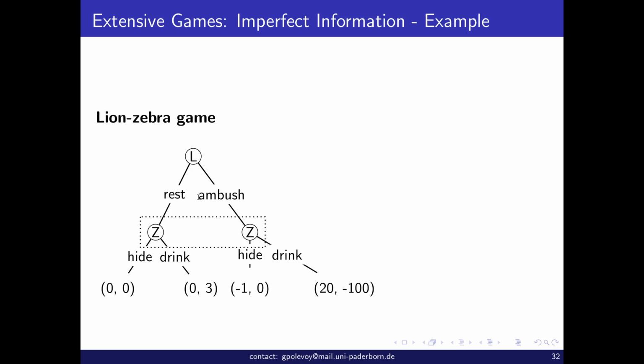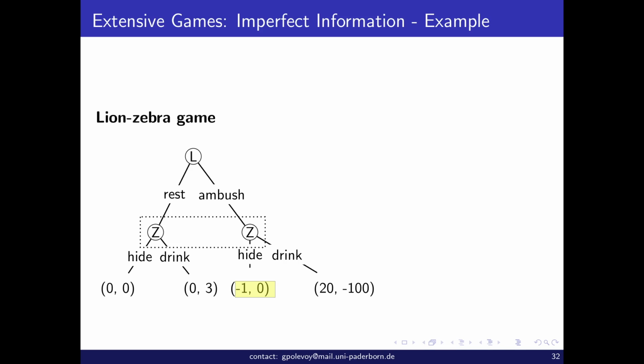Now, in the case of an ambush, the zebra has to decide what to do without knowing. The dotted line encircles the only information set of the zebra. Now the zebra decides whether to hide or to drink. If the zebra decides to hide, then she gets 0, but the lion gets -1 because he has gone to the ambush, and it was not a nice place.